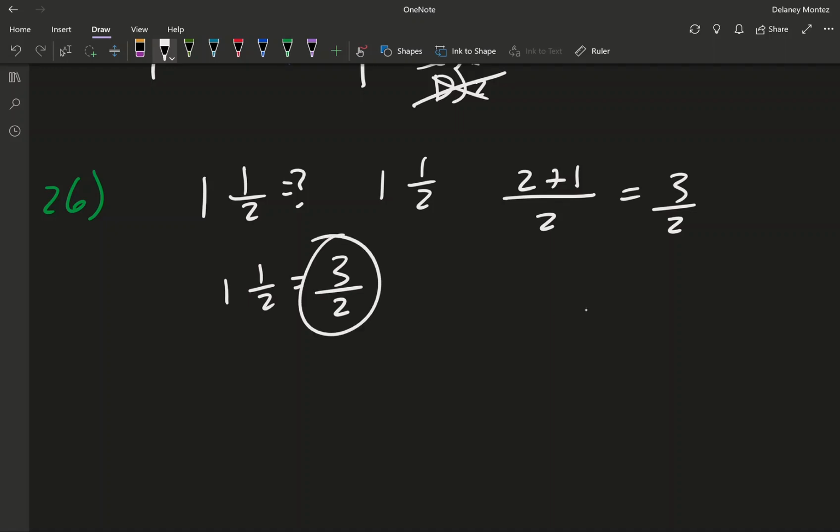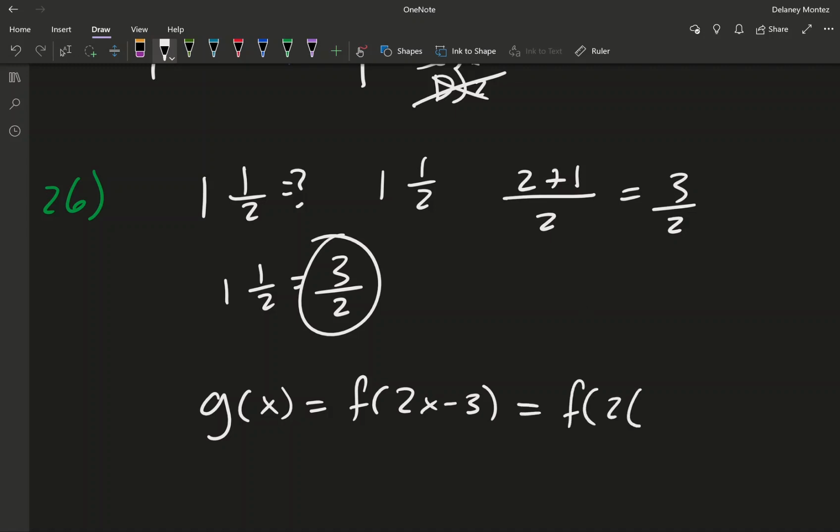Okay, so we're saying it moves 1 1/2 units to the right, and if you look at C, right? C is g of x equals f of 2x minus 3, right? So if I say, okay, f of 2 times 3 over 2 minus 3, what does that give me?